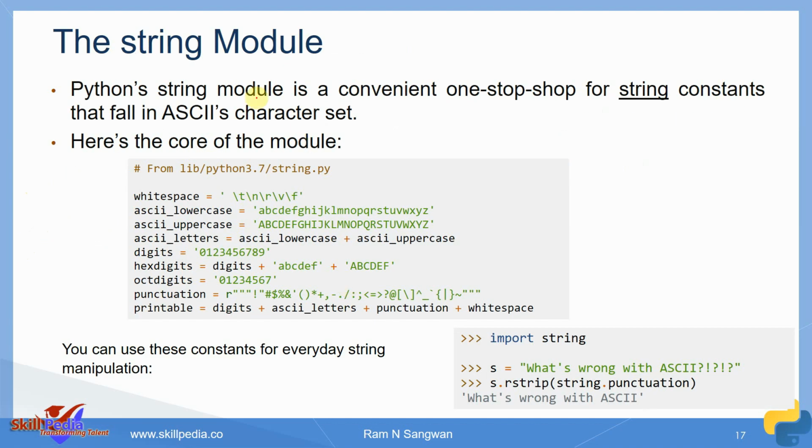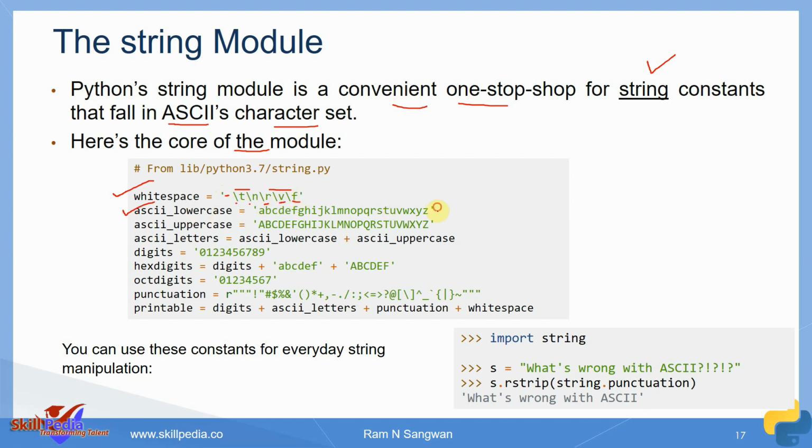The string module. The Python string module is a convenient one-stop shop for string constants that fall in the ASCII character set. Here's the code of the module. Whitespace, these are all whitespace: blank space, \t, \n, \r, \v, \f.